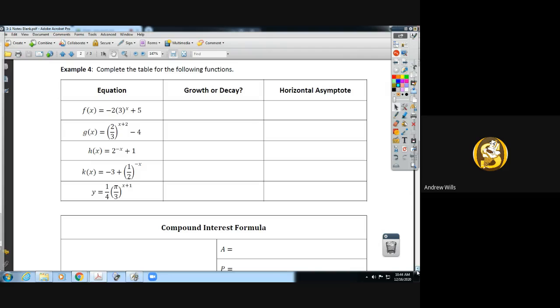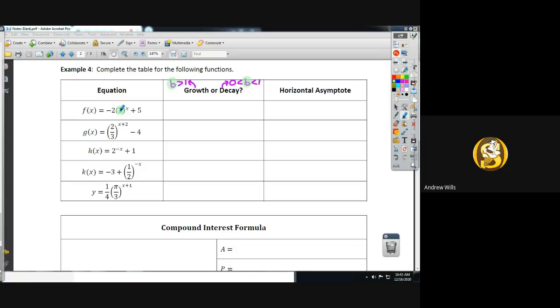Okay, so to figure out the growth or decay, we look at the b value. Remember that if b is greater than 1, that is growth. And if b is between 0 and 1, that is decay. So we go in here and we find the b value. It's all about the b.